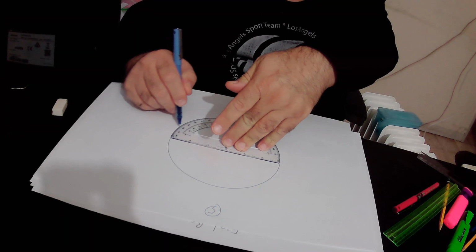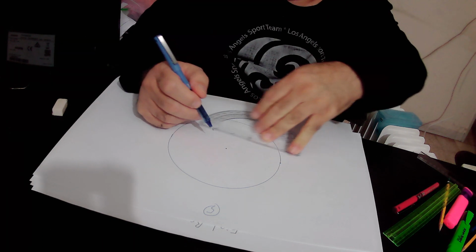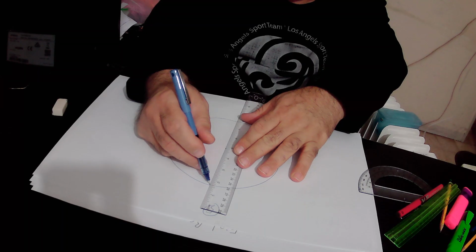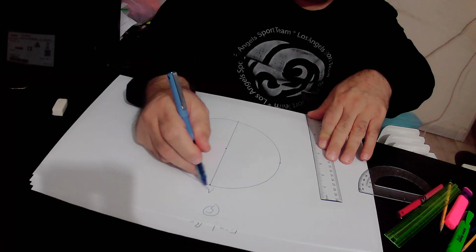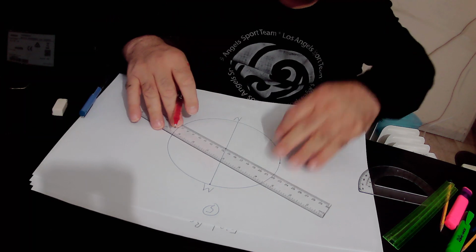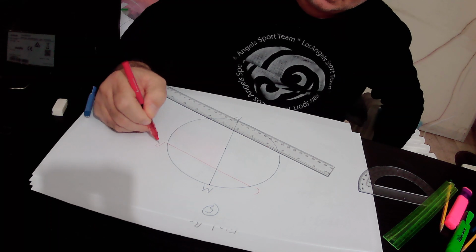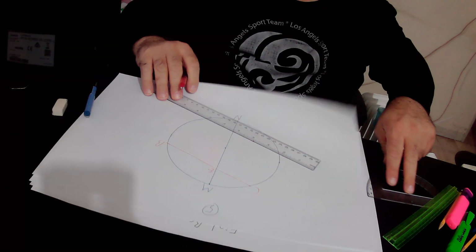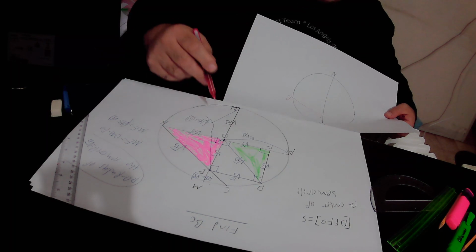Chord MN passes through the center of the circle, that is to say, through point O. This is chord MN that intersects with chord CB, and the intersection point between those two chords is at point E. Again, you can see here that chord MN intersects with chord CB at point E.